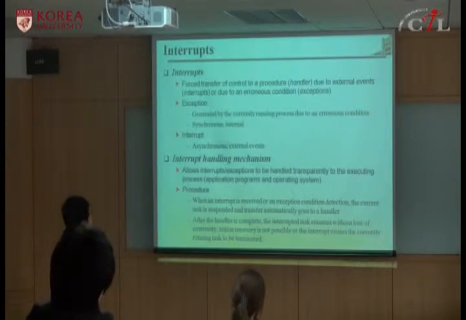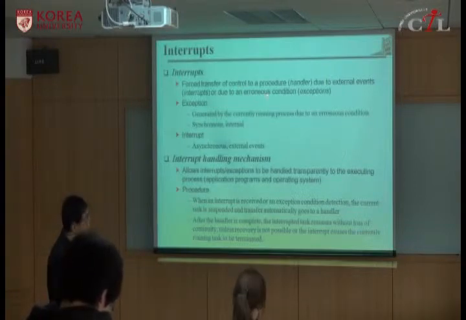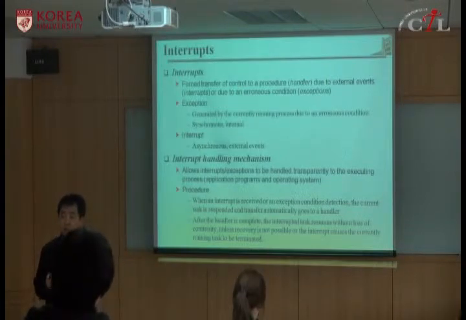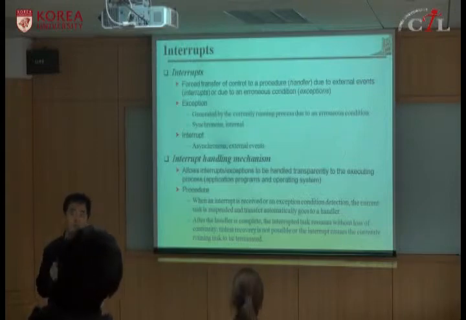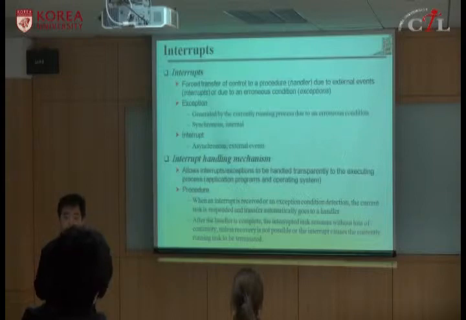The second type of event is an internal event generated by an instruction execution. Sometimes the instruction execution generates some erroneous condition. The processor can no longer handle that instruction execution because of this exceptional condition.